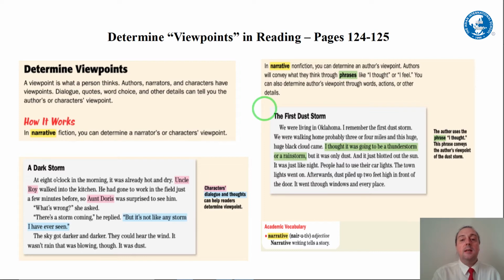Now take another minute and read the story, The First Dust Storm. Take 1 minute and tell me what you think the viewpoint is. Okay, we can see here, it says, "I thought it was going to be a thunderstorm or a rainstorm, but it was only dust." This tells us the viewpoint of the character inside the narrative story. This is how we use this.